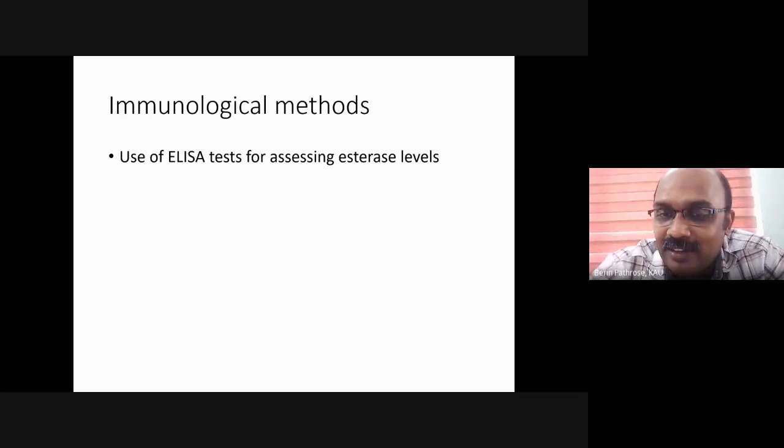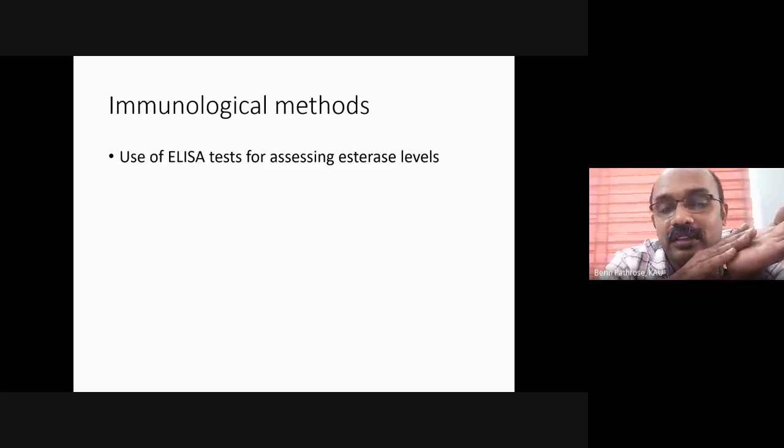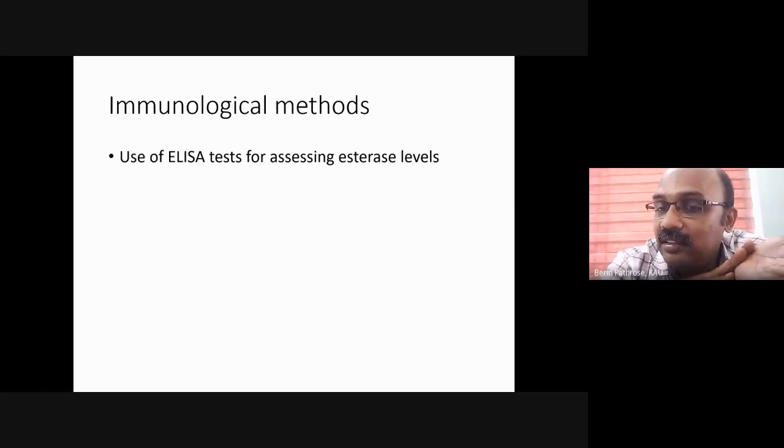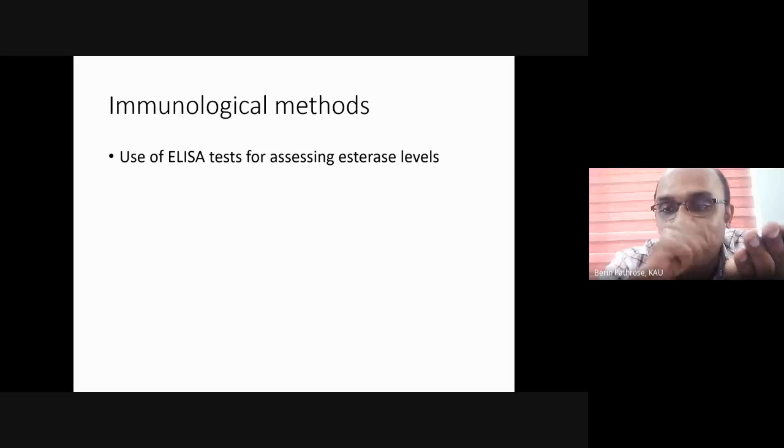What we have is a filter paper strip, and that strip has the antigen for coronavirus. We take the nasal swab and add it there.